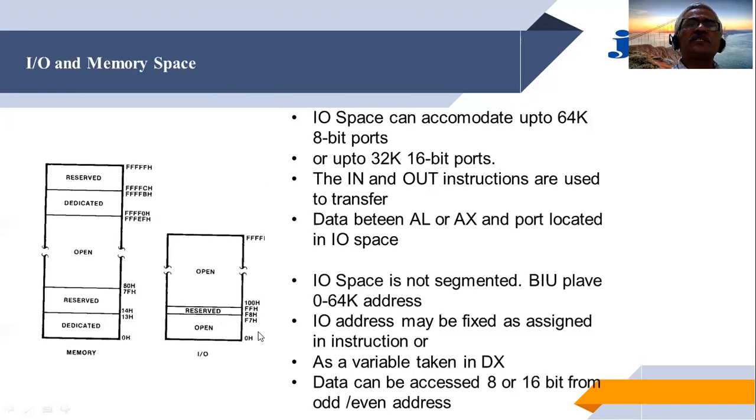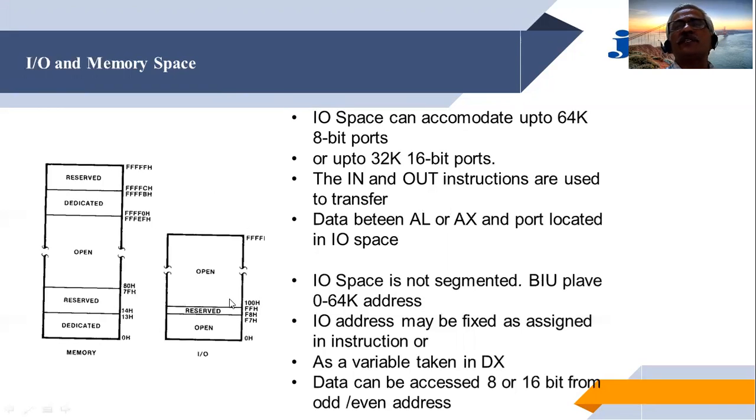So this 16-bit address can be fixed directly as part of the instruction. I can directly write in from the port address, some 16-bit port address, so the content from that addressed port will come into the AL. Or I can write the instruction out at a particular port, which will transfer the content of the accumulator to that port.